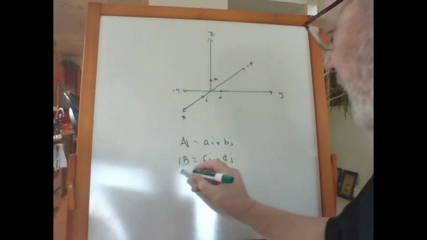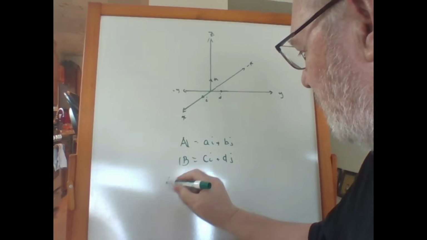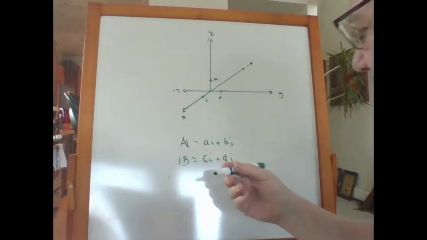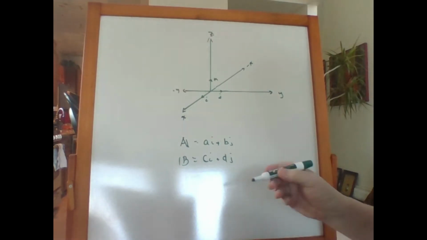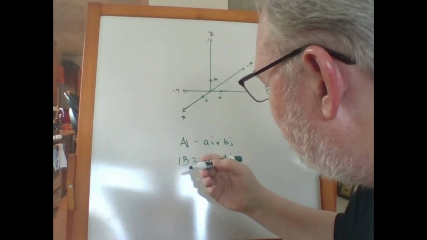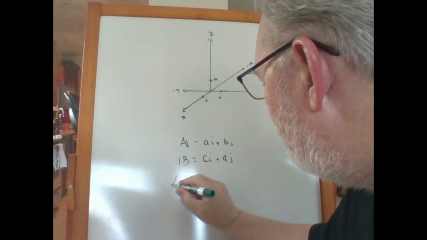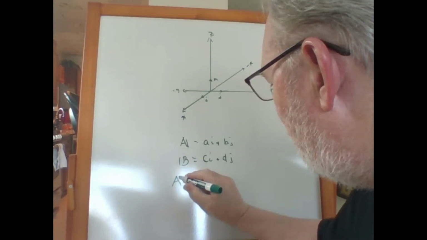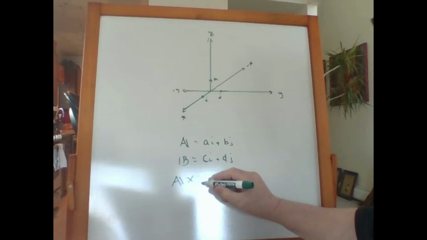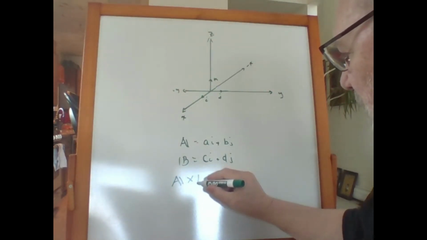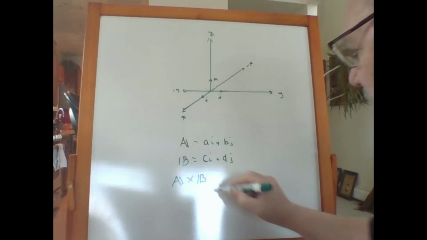The cross product, A cross B, is how it's denoted. It looks like a regular multiplication sign.